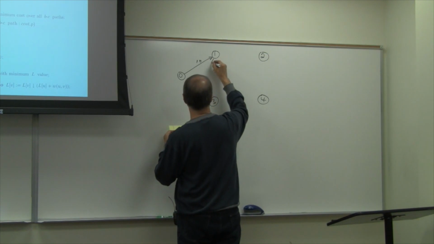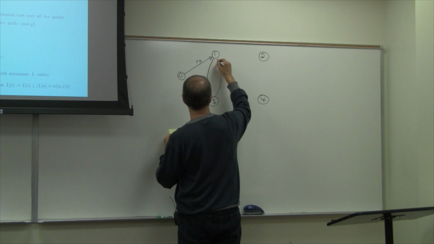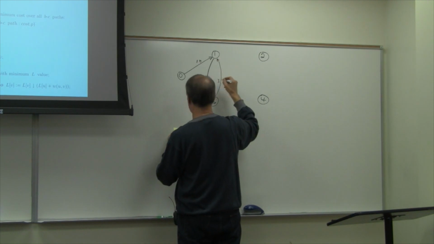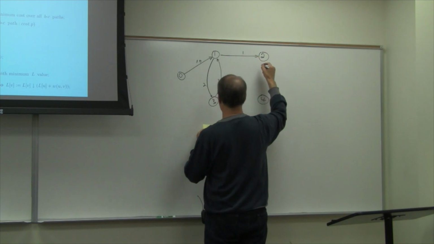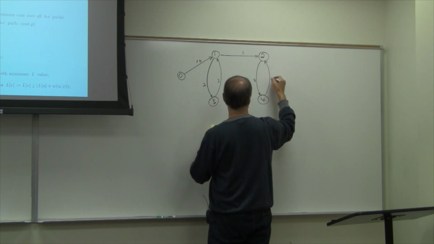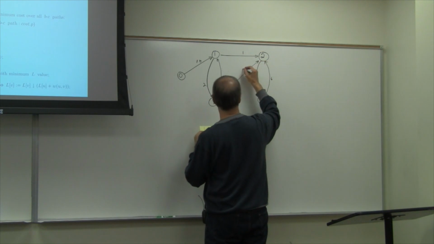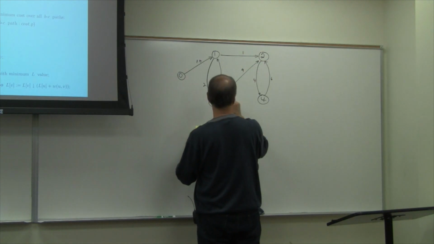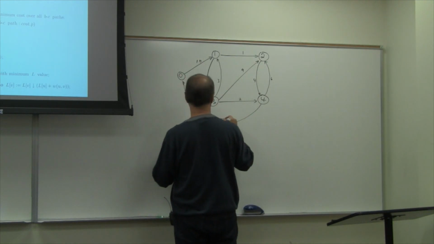Here to here is 2. This is 3. This is 1. This is 4. This is 6. From here to here is 9. From here to here is 2. And from here to here is 7.